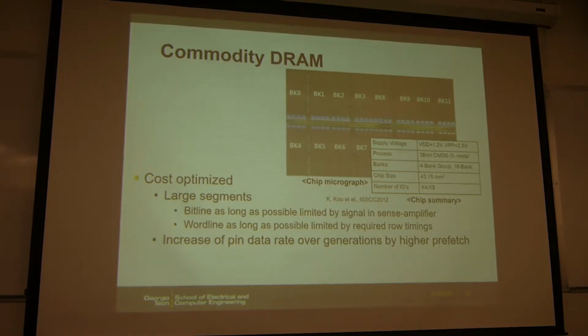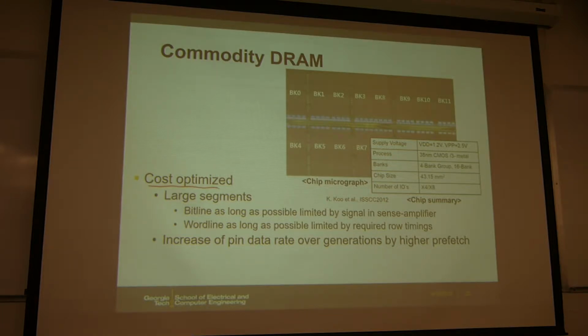The first one is the main memory, or sometimes people call it a commodity DRAM. This is the most common for your laptop or for the workstation. For this type of DRAM, the priority is to optimize for the cost.